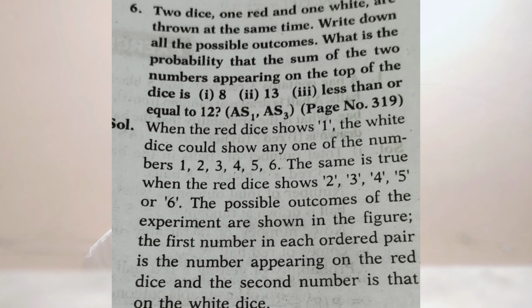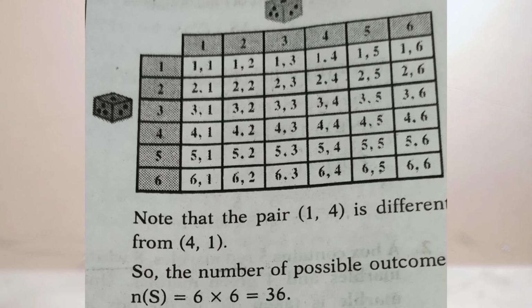So as we all know, the number of all possible outcomes when 2 dice are thrown, we have one chart to write all the outcomes. So first draw the 6 by 6 chart. Then in the first box you can write 1,1, next box 1,2, and third one 1,3, fourth 1,4, fifth 1,5, and sixth 1,6.